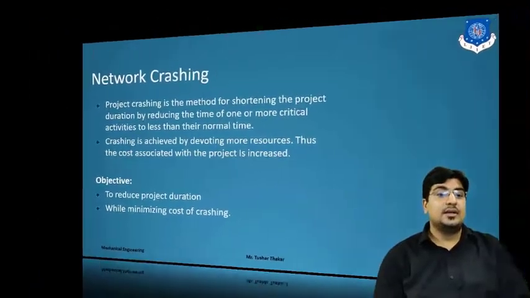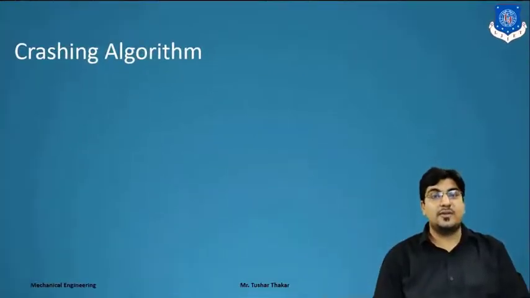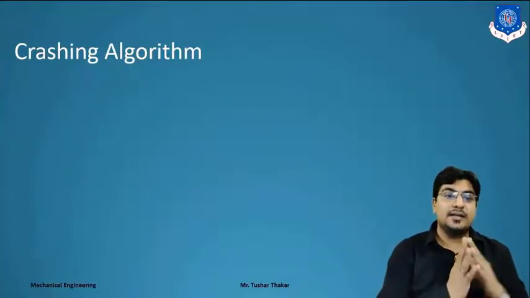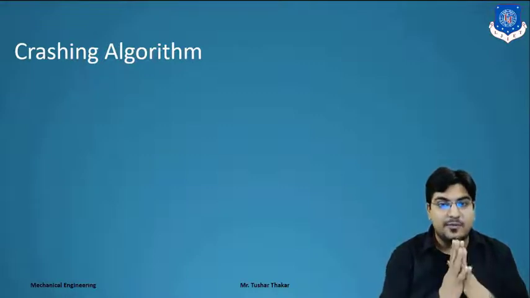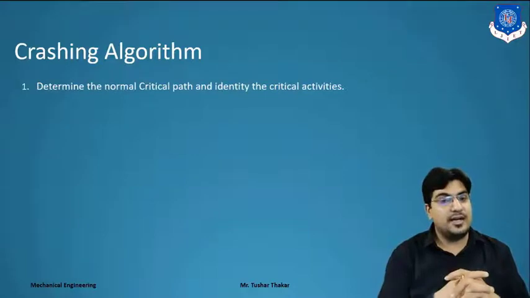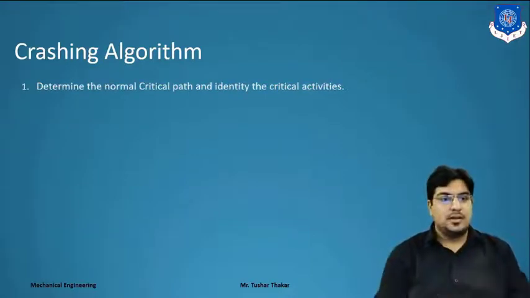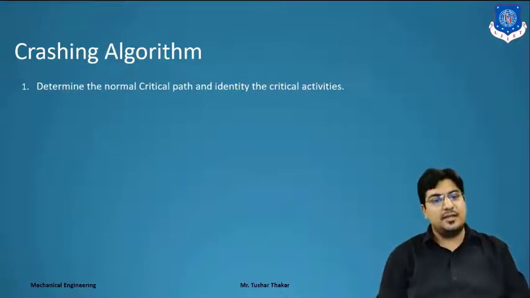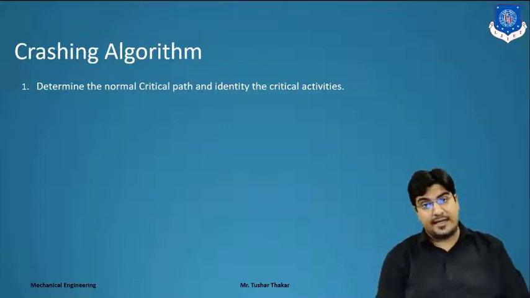Clear? Next, we see the crashing algorithm, what steps are required to crash a network. First step is to determine the normal critical path and identify the critical activities. Obviously, first we have to find the critical path and its critical activities.